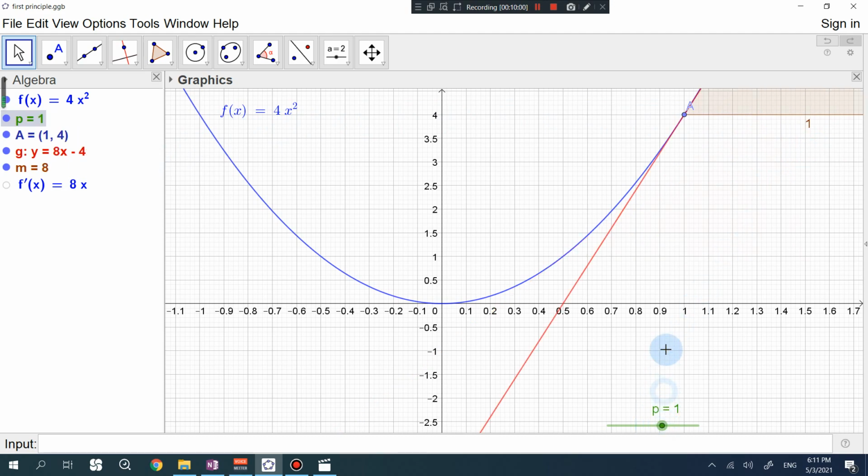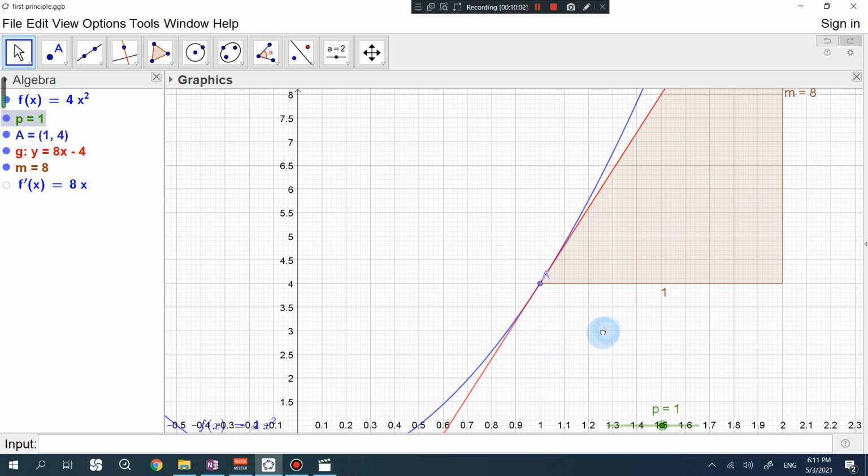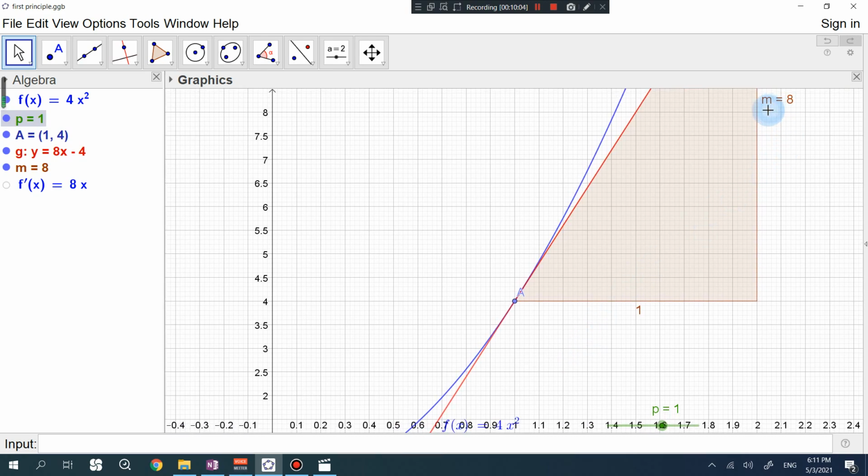Okay, let me try one more. Now the gradient is 8 when the point A is (1, 4). How do we get 8? We just take the x value. Every time we only take the x value to plug into the gradient function to help us get the gradient of the tangent.